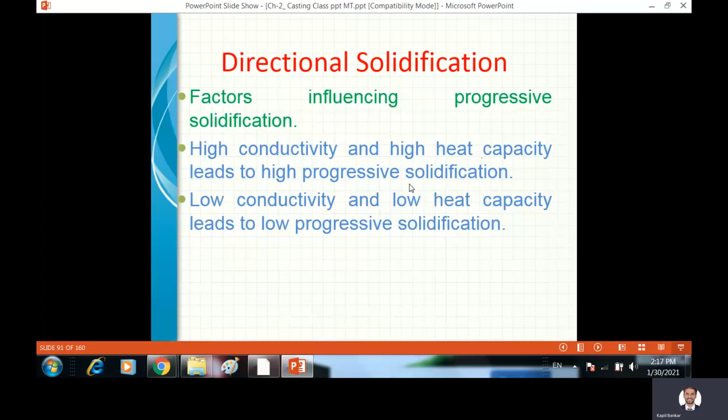And low conductivity and low heat capacity mean your metal or alloy will lose temperature slowly, so solidification occurs slowly. So progressive solidification happens very slowly. Low conductivity leads to low progressive solidification, and high conductivity leads to high progressive solidification.